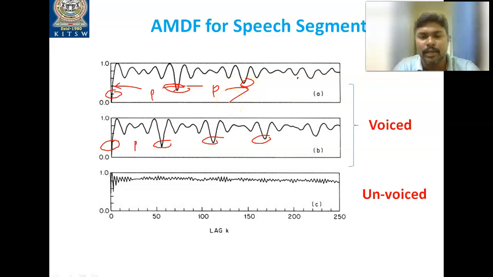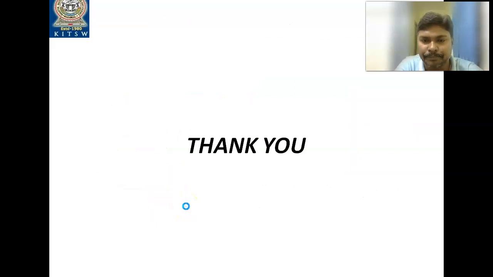This is the way we estimate it. So this magnitude difference function is also useful for estimating the pitch period. Pitch period estimation makes sense for voiced signals, but not for unvoiced. For unvoiced, we are not going to calculate any pitch period. Please understand. Thank you students, thank you for watching this video.